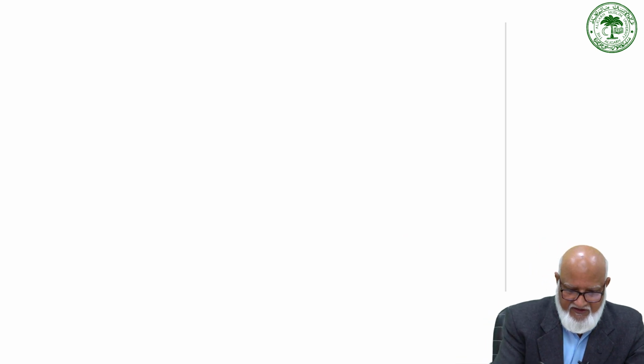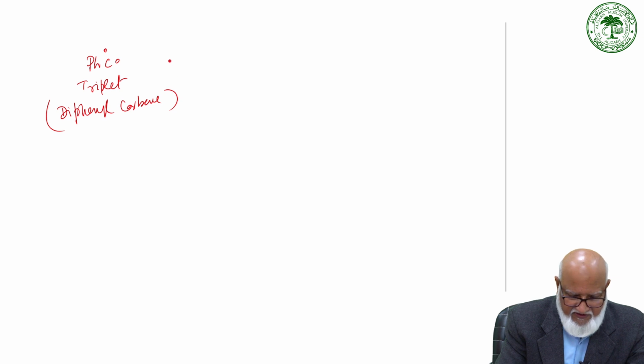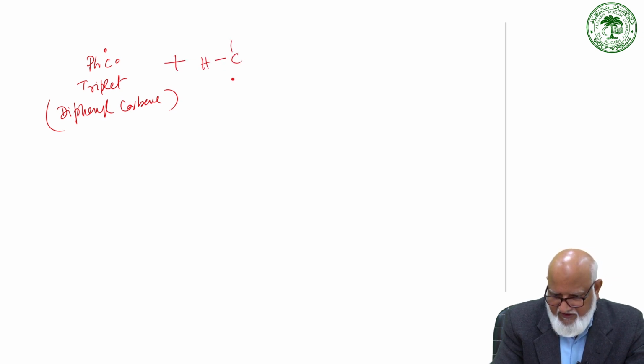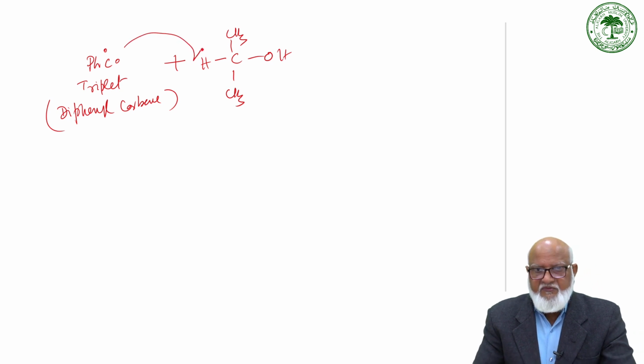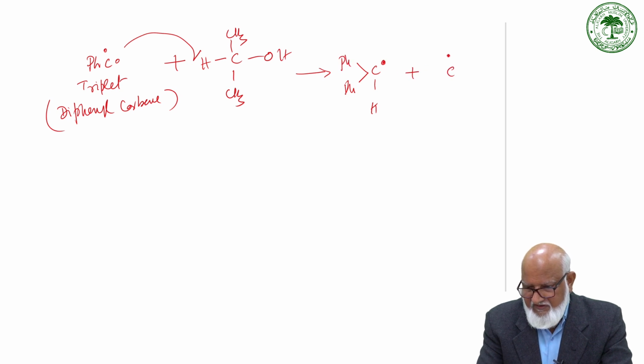For the triplet carbene, we have a diphenyl carbene, triplet diphenyl carbene, which reacts in such a way that the radical is going to abstract a hydrogen atom from the isopropanol to give a species like this, Ph2CH, the radical here, plus C OH CH3 CH3.